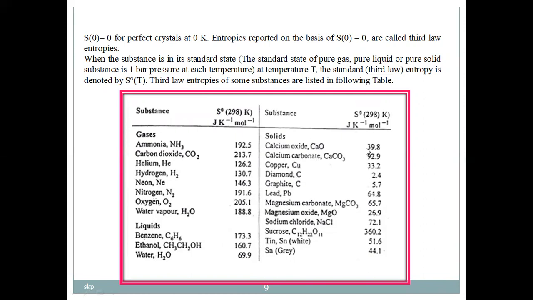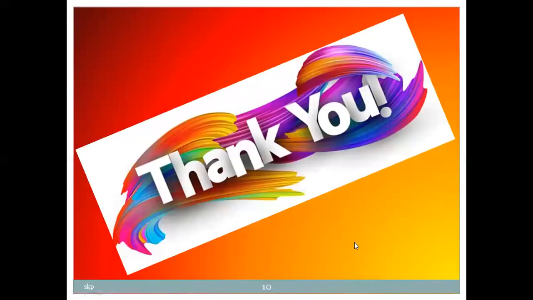So this is about the third law of thermodynamics and entropy. In the next lecture we will see the thermochemistry part of this chemical energetics topic. Now I will stop here.